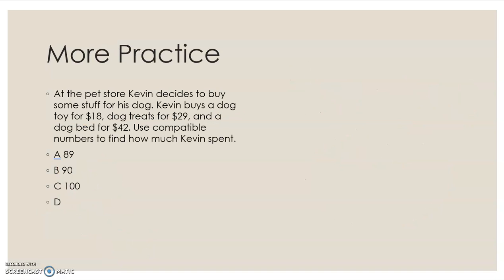Let's look at one more example. For this example, the problem says, at the pet store, Kevin decides to buy some stuff for his dog. Kevin buys a dog toy for $18, dog treats for $29, and a dog bed for $42. Use compatible numbers to find how much Kevin spent. Since I am using compatible numbers to find my answer, I will not add them up like this.